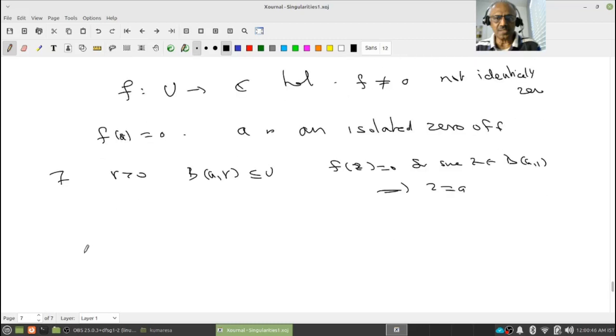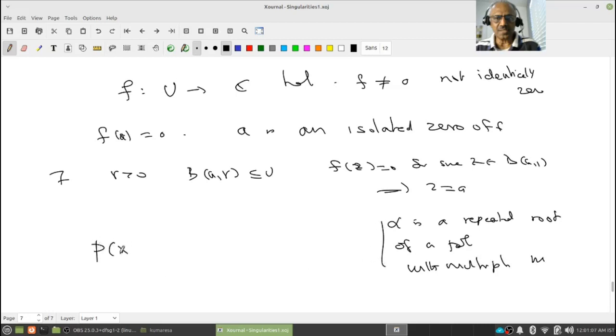Now I want to say, do you remember in a polynomial we say something alpha is a repeated root, or has multiplicity m? What does that mean? That means if p is a polynomial, I can write p of x as (x minus alpha) to the power m into some q of x, so that q of alpha is not equal to 0.